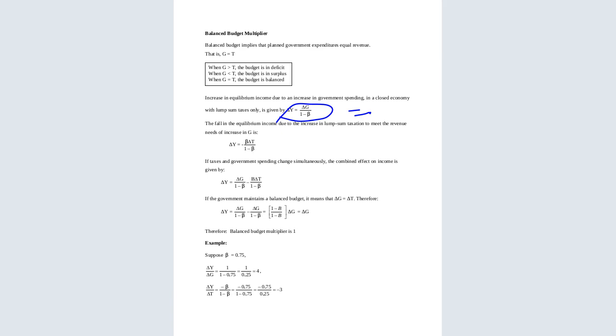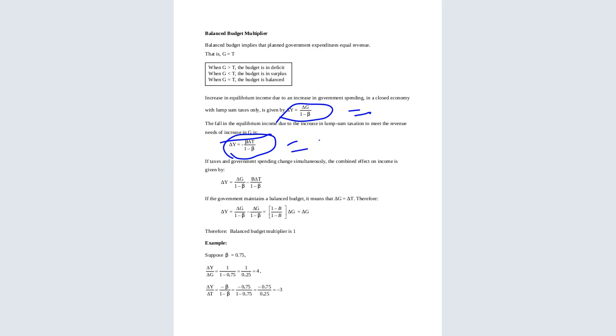Now, the fall in the equilibrium income due to the increase in lump sum taxes to meet the revenue needs of the government is given by the tax multiplier. This is the tax multiplier that we have computed. So the tax multiplier, in this case, the change in income over the change in taxes is simply equal to what?